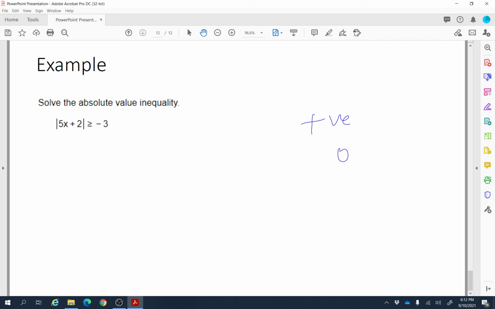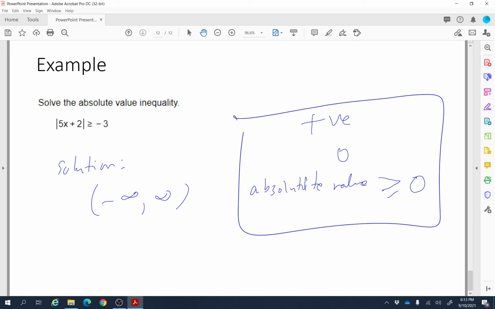Absolute value is always greater than or equal to 0. So the absolute value should always be greater than or equal to -3, no matter what x you pick. So the solution would be any x, meaning all real numbers.